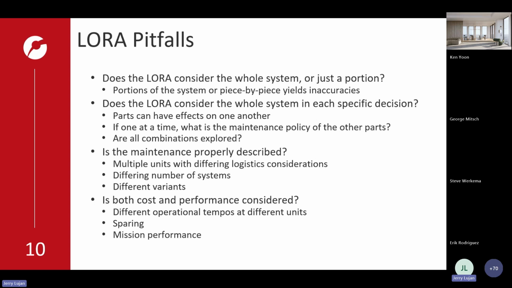And so if you have a system like EDCAS or Compass that only looks at a single part at a time as it goes through its LORA decision, you can run into some problems, right? Are all those combinations explored at the same time? Well, if they're not, you have to make some decisions. So in order to get around this with, say, Compass or EDCAS, you would have to do all the combinatorics for that manually, right? You would have to have those 9 combinations for the different reparable, consumable.